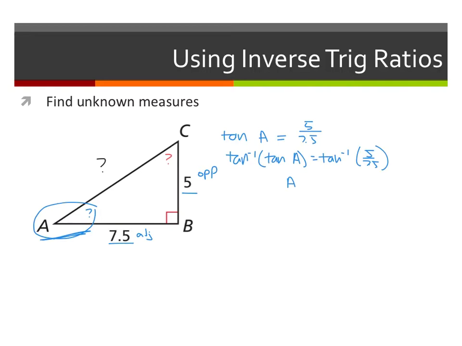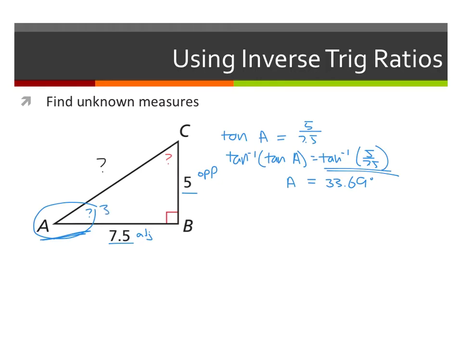and the measure of angle A will be inverse tangent of 5 over 7.5, which you can put in just the same way into the calculator. It's just shift tangent of 5 over 7.5, which turns out to be 33.69 degrees.